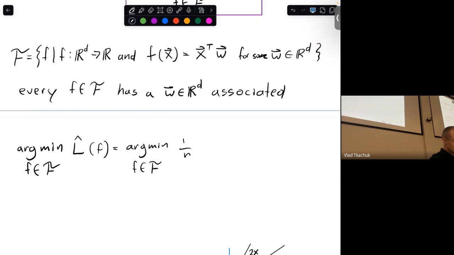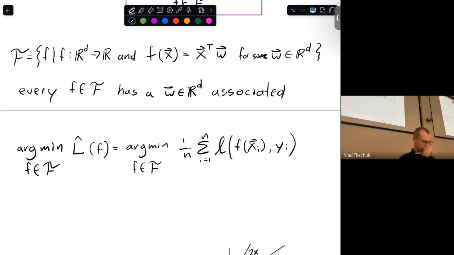What is L hat? It's 1 over n, sum i equals 1 to n of our loss. We're going to pick the loss in a little bit. But now we've chosen f, so we can plug in f of x_i, vector x_i, like this. That's fine, and this is the way of searching over f's.